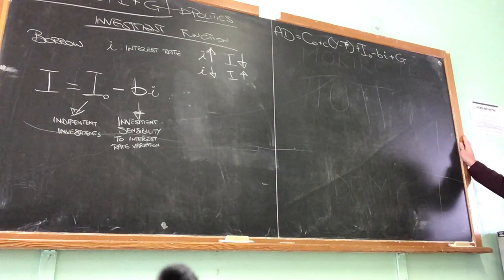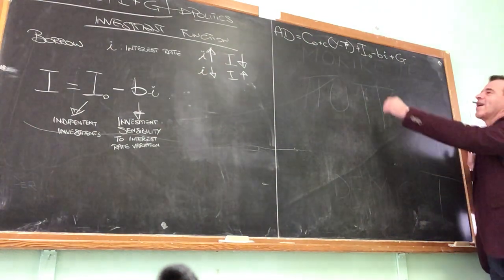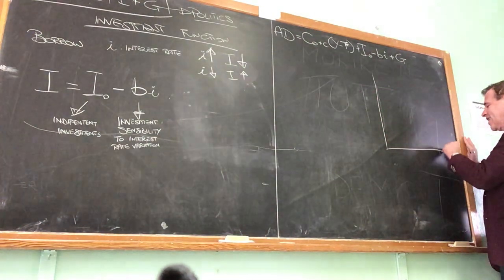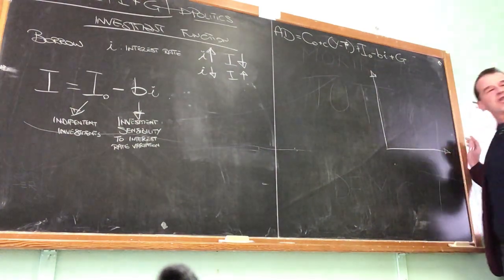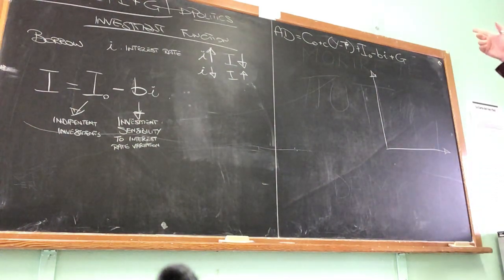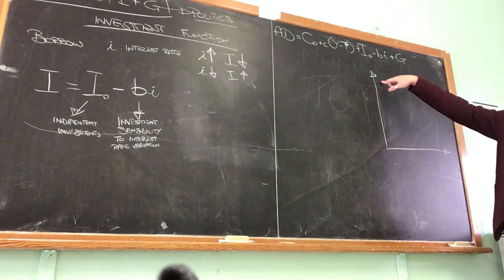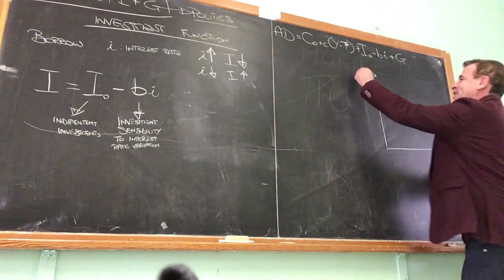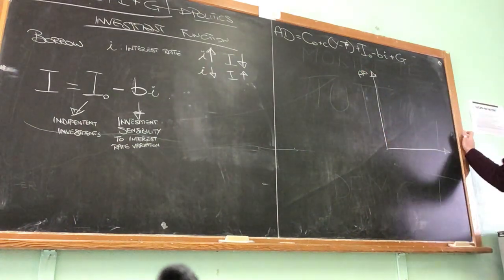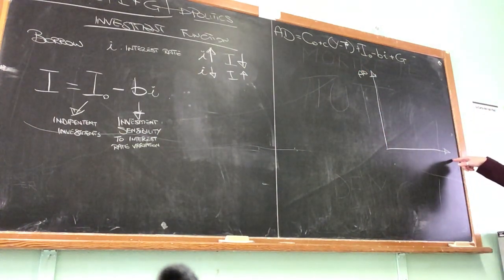Now, if we should draw it on a Cartesian plan, the name of this axis, I think, is clear for everybody. What's the name of this axis? AD. Good. And what's the name of this axis?